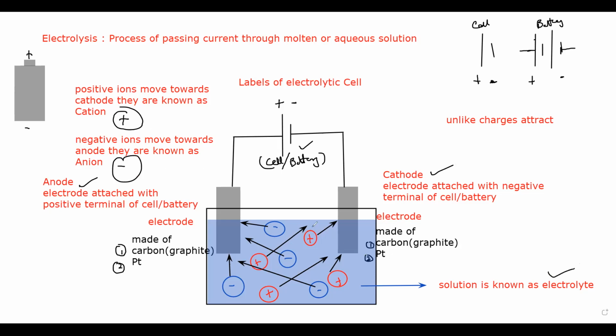Inside the electrolyte, there will be positive and negative ions, which are known as cations and anions. Is it clear? Right now, we discuss only the labels. I will explain how it works, but first, in the exam, normally you will find in paper 6 that they provide you an electrolytic cell and ask you to label.